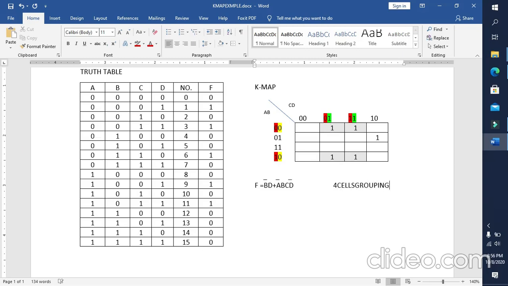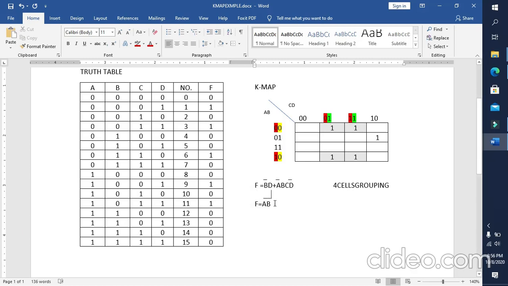Okay. Ipapakita ko sa inyo ngayon kung ano naman yung equivalent ng function if you will have the 2 cells grouping. So, let us consider first this one. So, in here, ang first row, you will have A bar, B bar, or A prime, B prime.